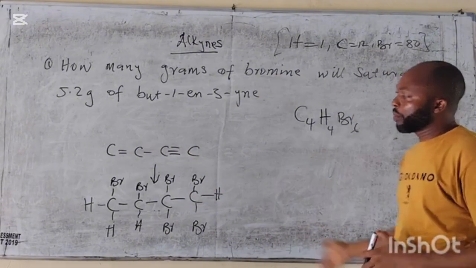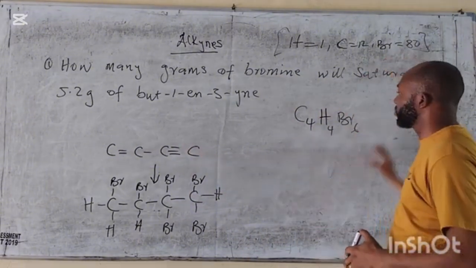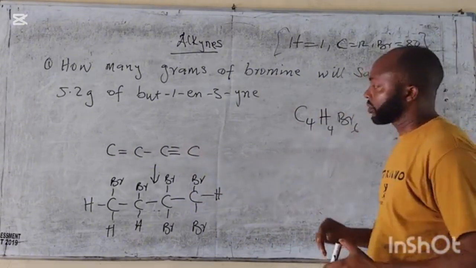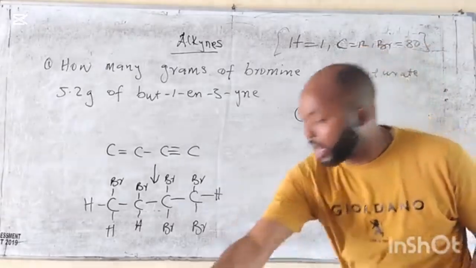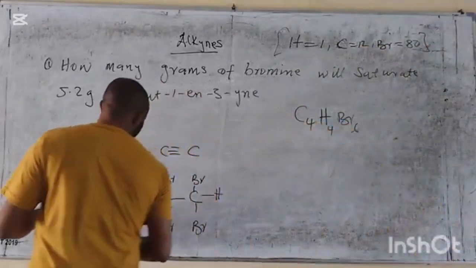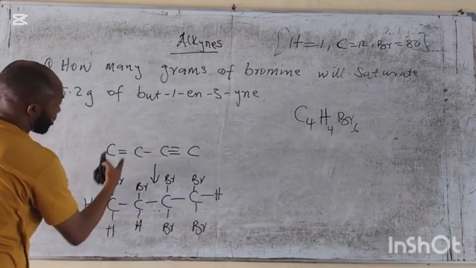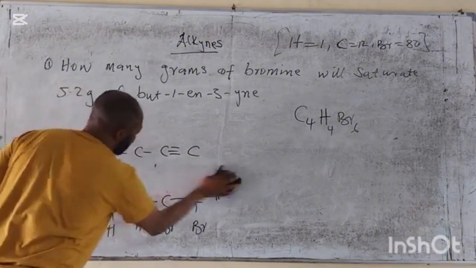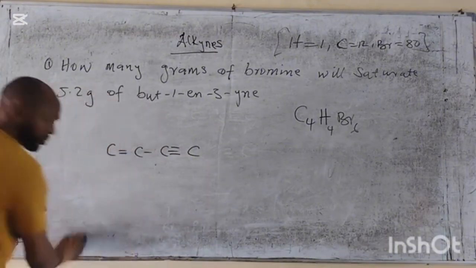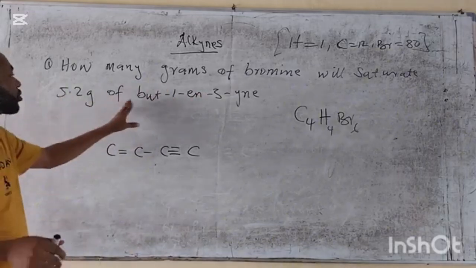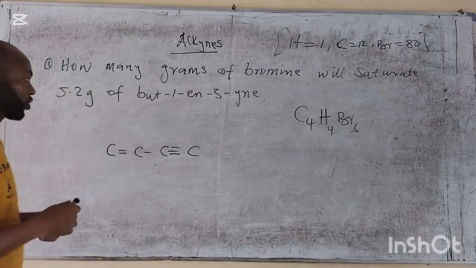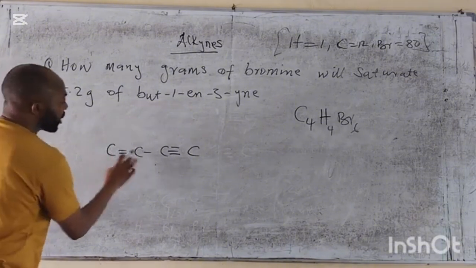So if this is what I have, permit me to clean this so that we can do that reaction very well. Alright? Can I go on? Now, this is it. They ask: how many grams of bromine will saturate 5.2 grams of 1-butyne? So now I have 1, 2, 3, 4.